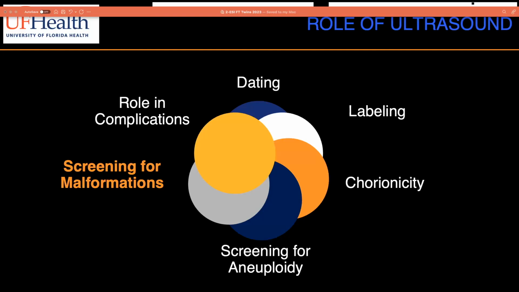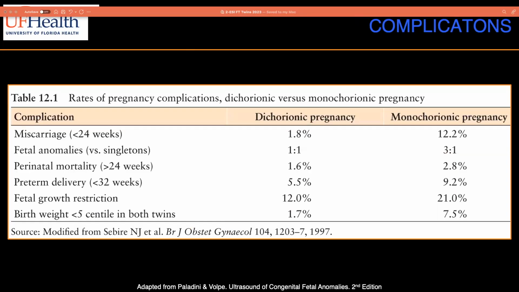What about screening for malformations? Keep in mind that the rates of pregnancy complications are higher in twins in general, and anomalies in general, and of course, more so in monochorionic versus dichorionic pregnancies. So if we look at the rates of miscarriage, higher in the monochorionics.